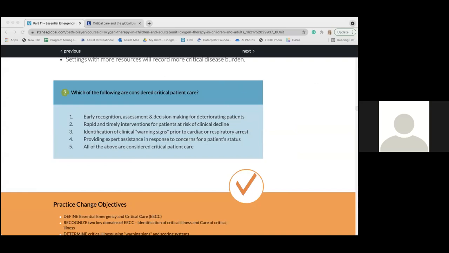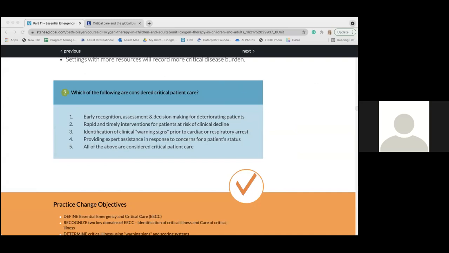So actually the answer is option number 5, which says all the above are considered critical patient care elements. So early recognition, assessment, and decision-making for the deteriorating patient. This is actually a key element of critical patient care.